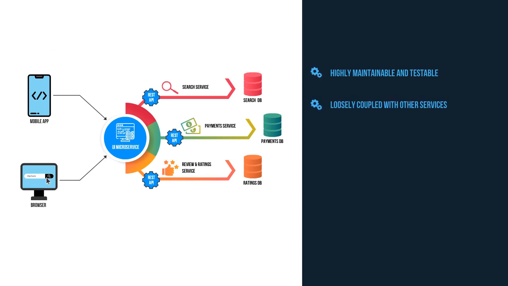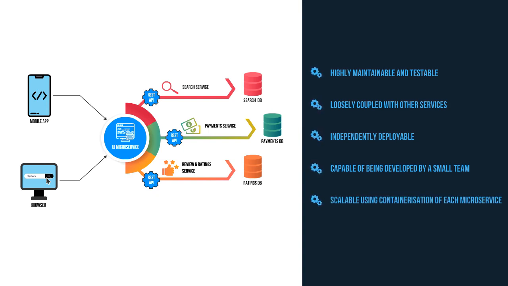It is loosely coupled with other services, enabling a team to work independently the majority of the time on their services without being impacted by changes to other services and without affecting other services. It is independently deployable, enabling a team to deploy their service without having to coordinate with other teams. It is capable of being developed by a small team, essential for high productivity by avoiding the high communication overhead of large teams, and scalable using containerization of each microservice.